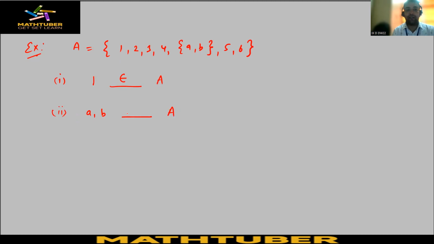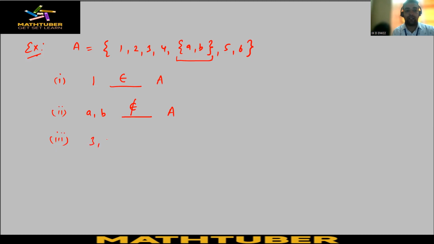Then if suppose someone asks you that {a, b} belongs to A or not, then you can say that a and b are not exactly the elements of A. The whole set {a, b} belongs to the set A, but a will not belong to A, right?